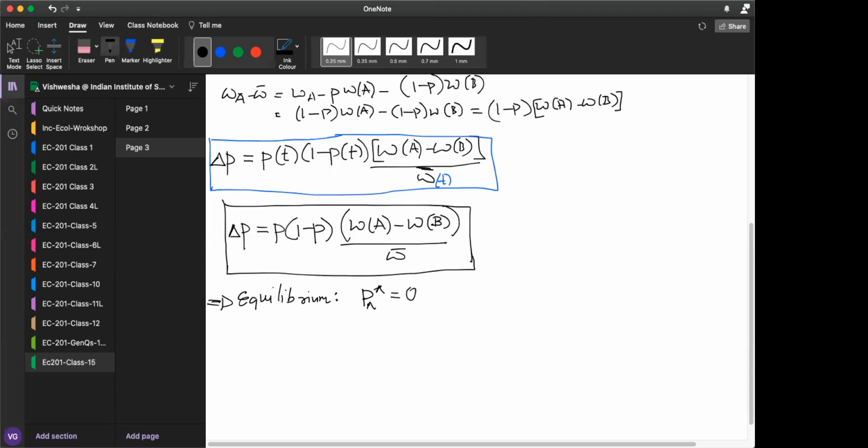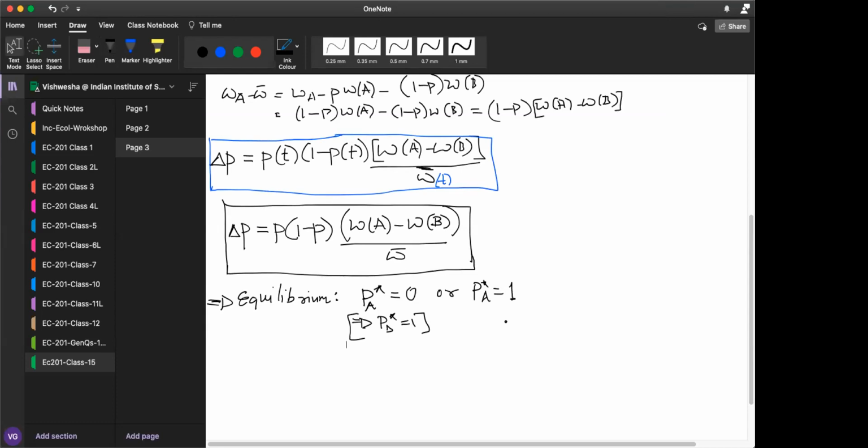Remember, P star is basically P of A. Or 1 minus P is 0, which means P star is 1, which means the entire population has genotype B. P star A 0 is the same as saying P B star is 1, right? So the entire system has only B genotype, or the entire system has only A genotype. Those are the two equilibrium points of this simple expression we have found so far. Okay.